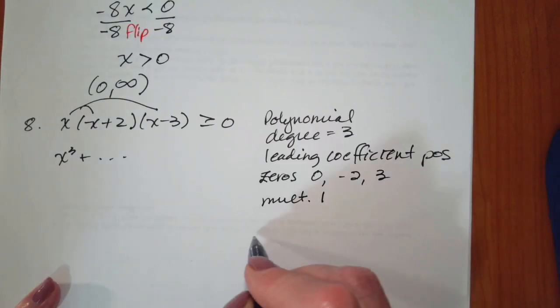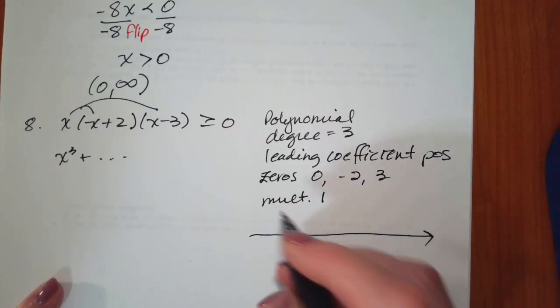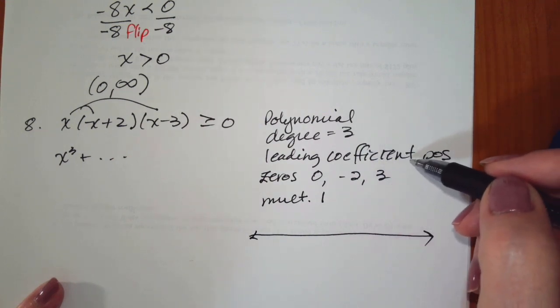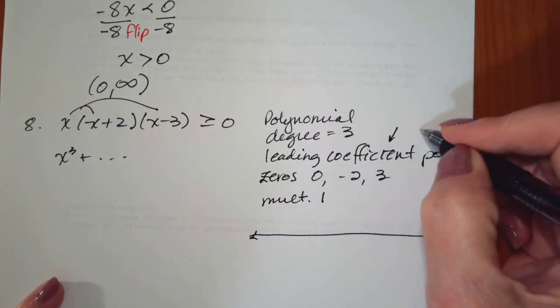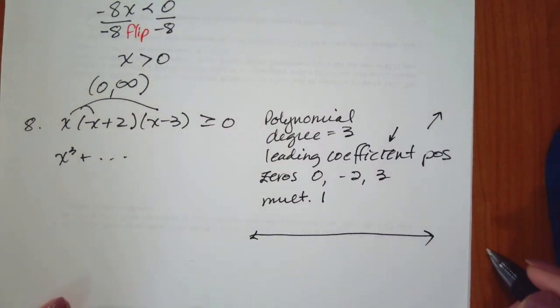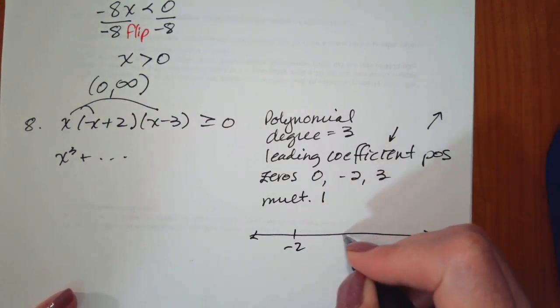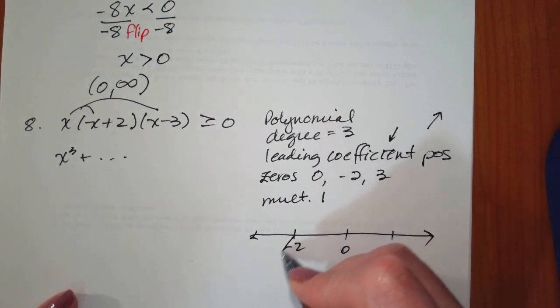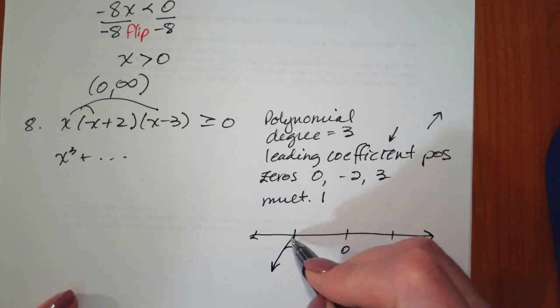Okay. So I can just sketch the graph real quickly. An odd degree with a positive leading coefficient means the ends go in opposite directions. It crosses at negative 2, at 0, and at 3. So to the left here it goes down.